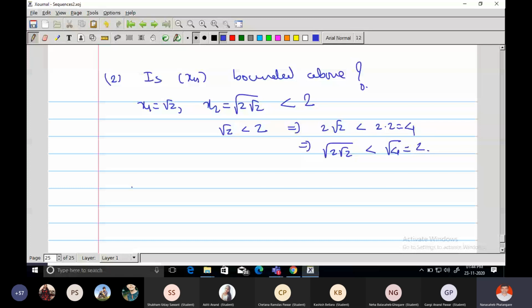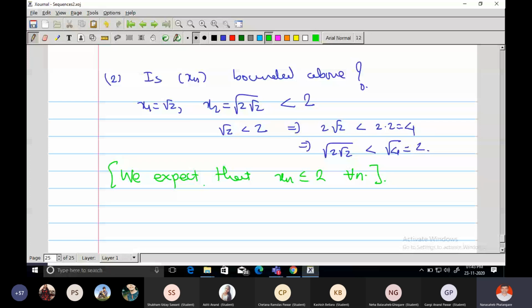And what we expect, do you understand? We expect something. Can we expect 2 as an upper bound? Okay, this is our expectation, and for all n.